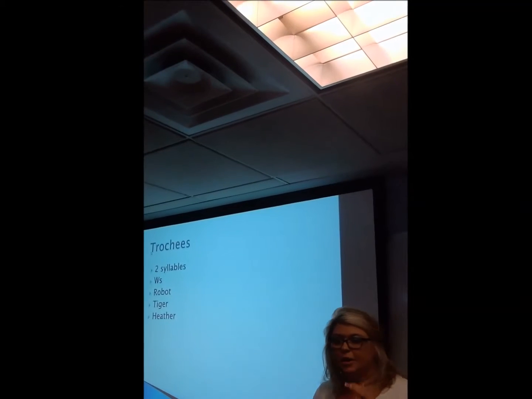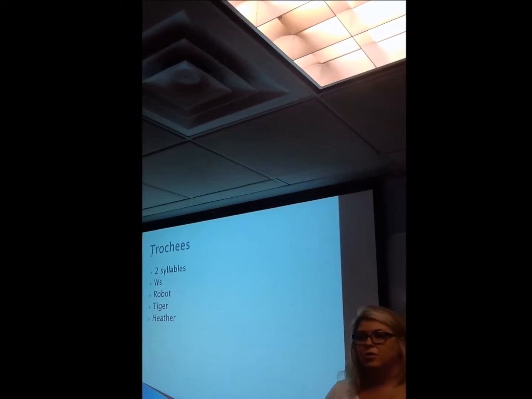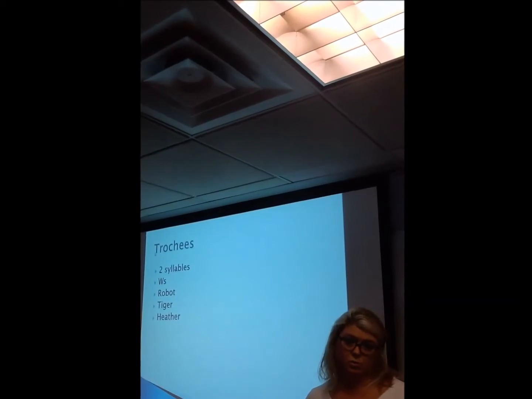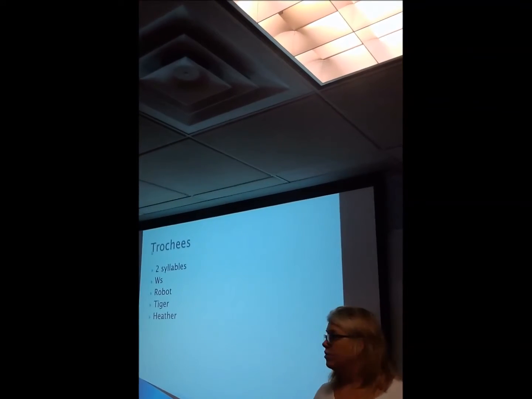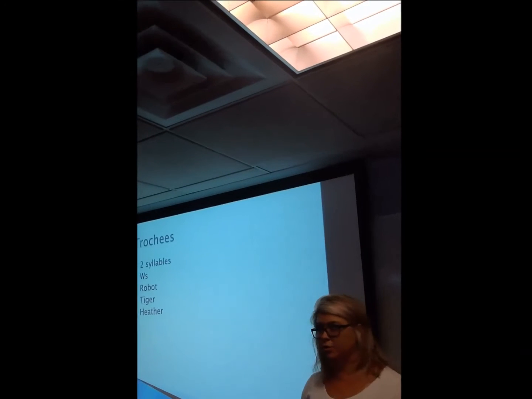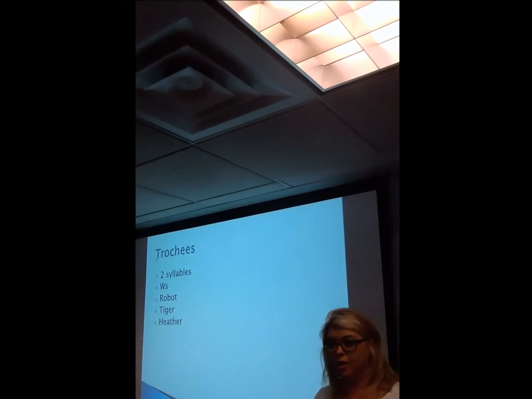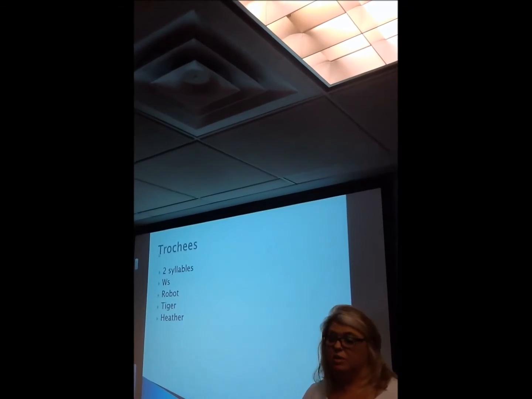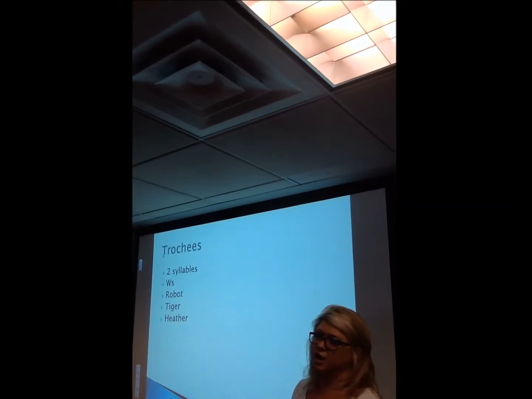Now that we get the general idea about stress assignment, let's think about three specific terms that we're going to apply just for two-syllable words. The first is trochees. Sometimes we use the word trochaic as the descriptor, but the noun version is called a trochee. What's a trochee? These are the most frequent two-syllable stress structures in English.